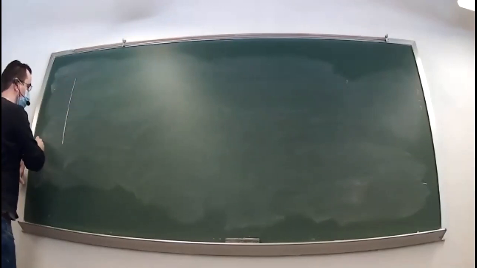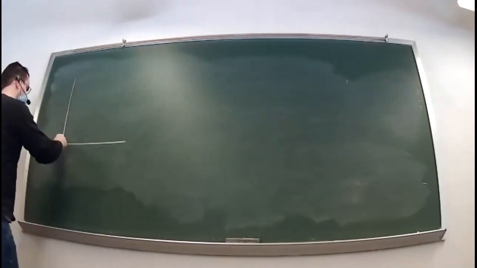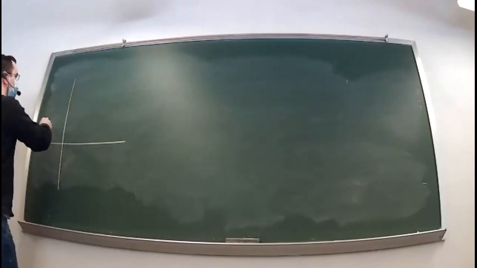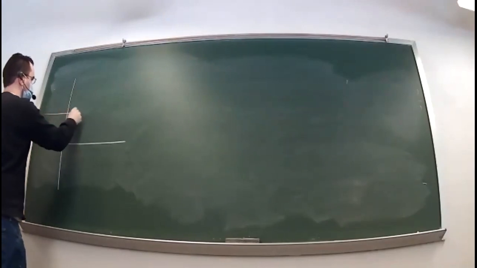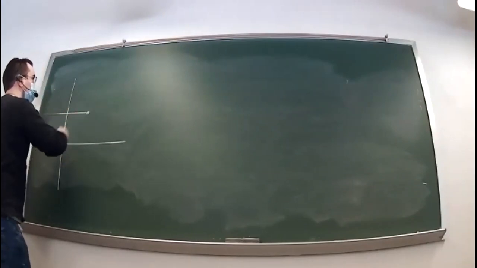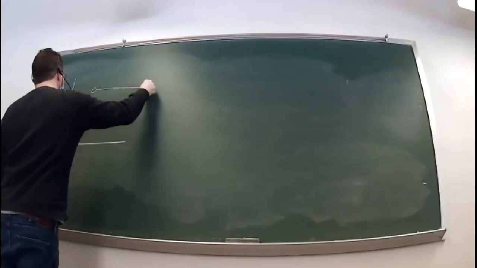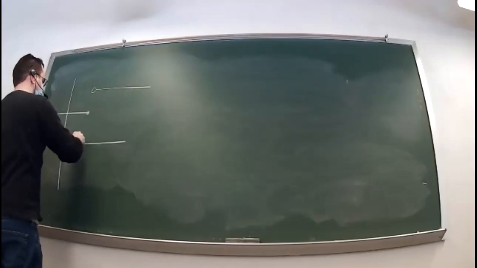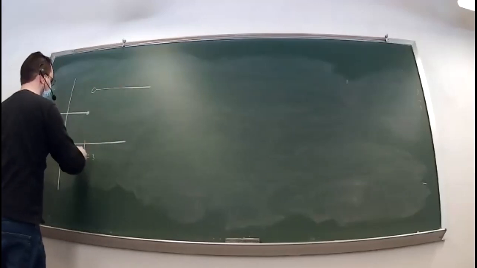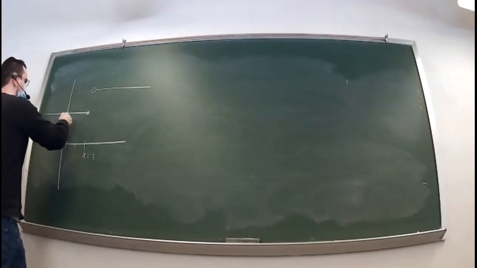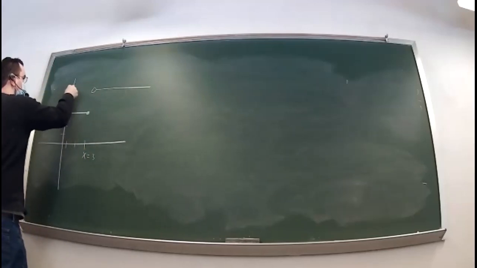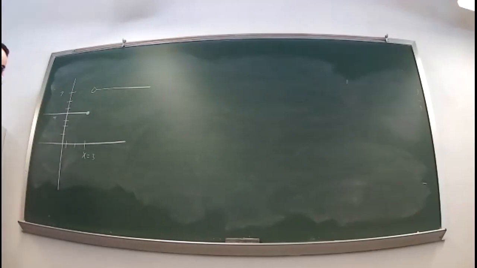So for instance, let's look at the following function. So let's say this is x equals 3. Let's say that this is 4. And this is 7. So this is what we call a step function.